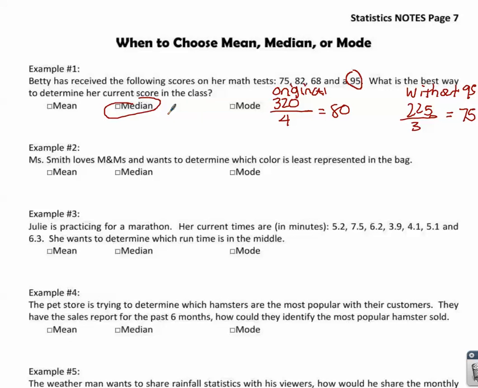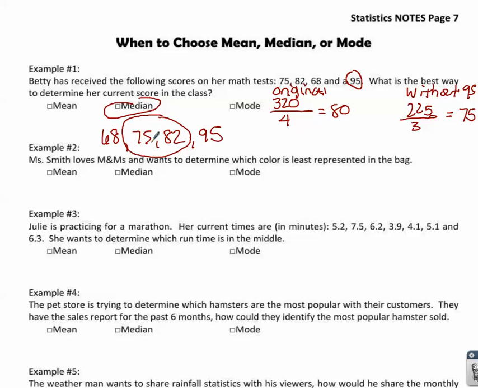And just to practice that, you would list these in order from least to greatest. There's an even amount, so you would take the average of 75 and 82 to get a 78.5, which is a better description of your grades.